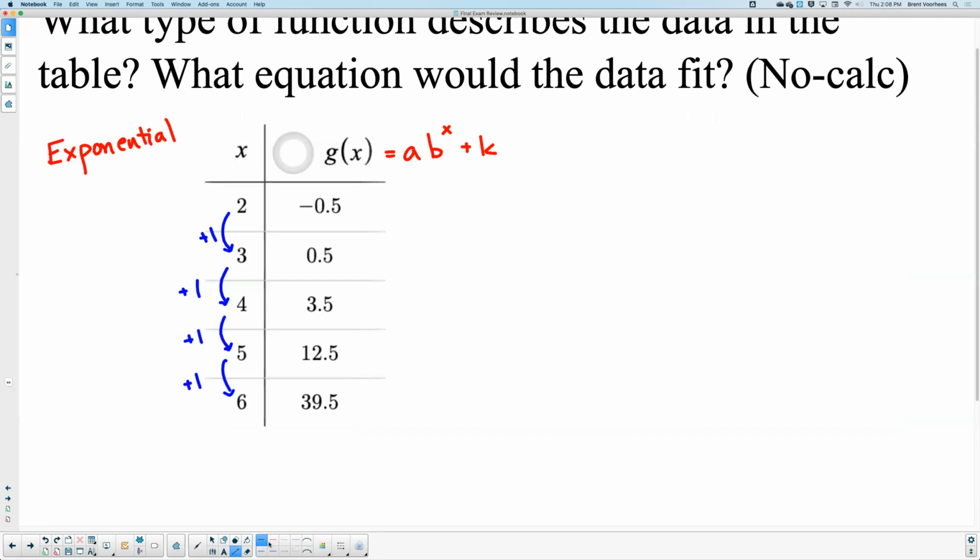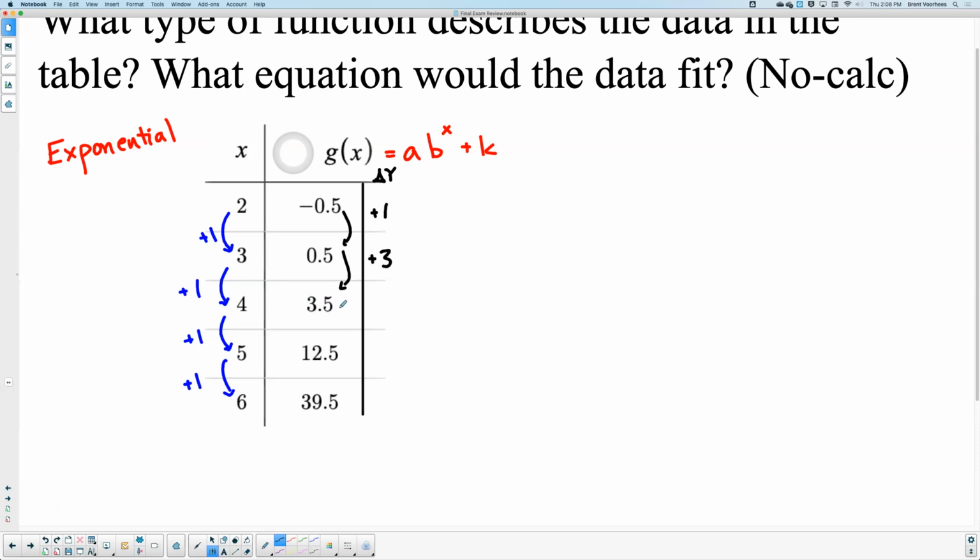Let's add a column. What should we call this column? Let's do a change of y column. Okay, how much do I change going from negative 0.5 to 0.5? We increase by 1. What about from 0.5 to 3.5?